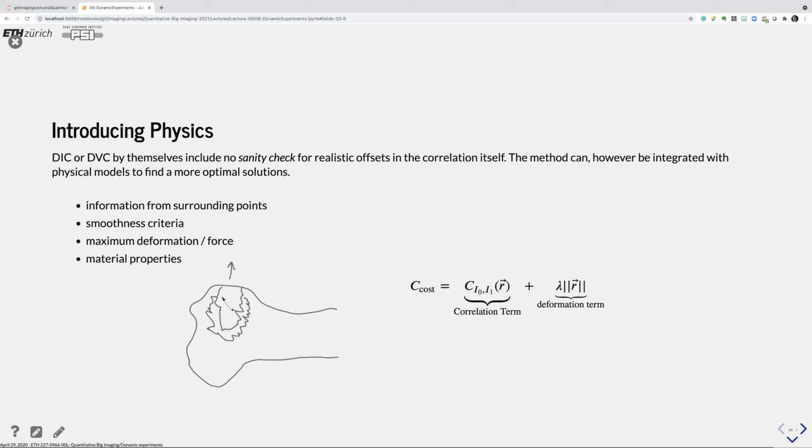What I'm sketching here is work by a user we had who were working on metal implants or metal screws in bones. And they wanted to see how the displacement is. That was done with neutrons, but I think they also did some experiments using X-rays. But the problem with X-rays and metal is that you have a lot of metal artifacts, which makes it harder to see what's happening close to the screw.